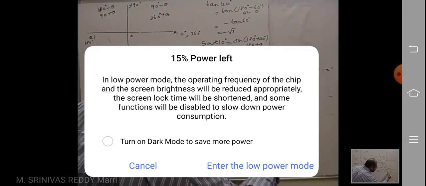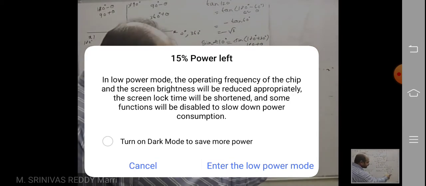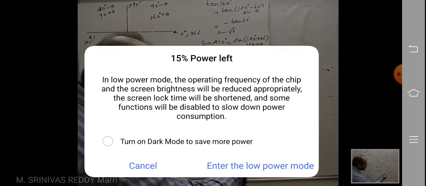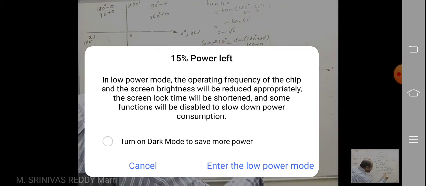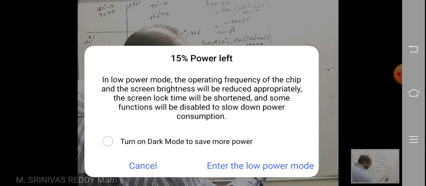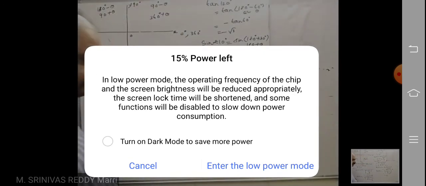So if the angle is of the form 360 minus theta, you will get sine theta. Theta is 30, so immediately you write sine 30. Now 360 minus theta is in which quadrant? Fourth quadrant. In the fourth quadrant, sine is what? Negative. So minus sine theta, that means minus 1 by 2.